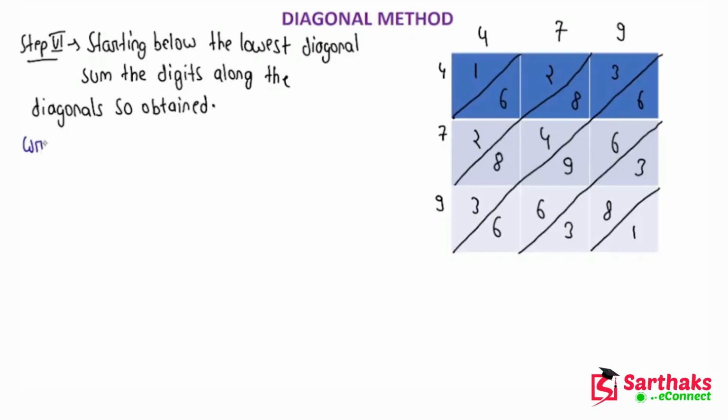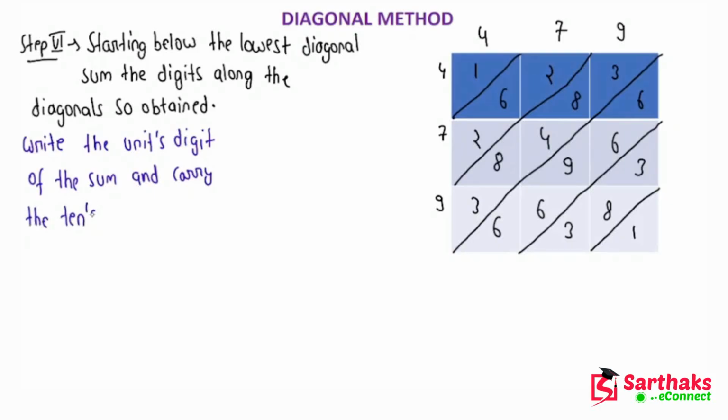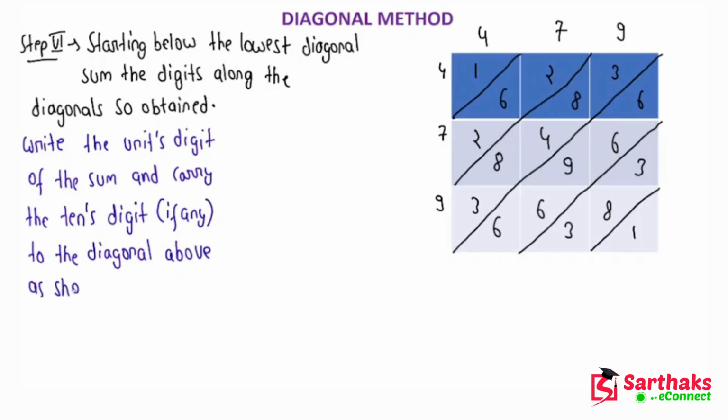Then it says write the units digit of the sum and carry the tens digit, if any, to the diagonal above, as shown below.